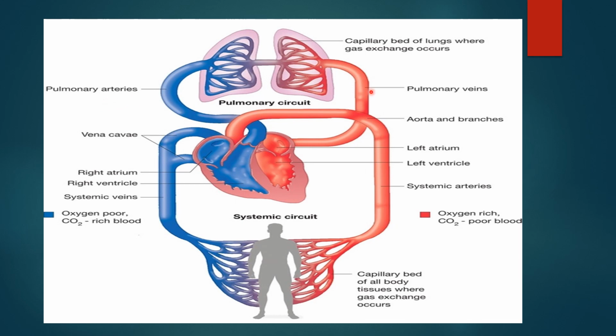But because they are carrying the deoxygenated blood, to make them separate from the other arteries, we call them pulmonary arteries. In the same way, the blood vessels which are carrying the blood from the lungs to the heart, because they are carrying it to the heart, we call them veins. So these are called pulmonary veins because these are carrying oxygenated blood to the heart, right?